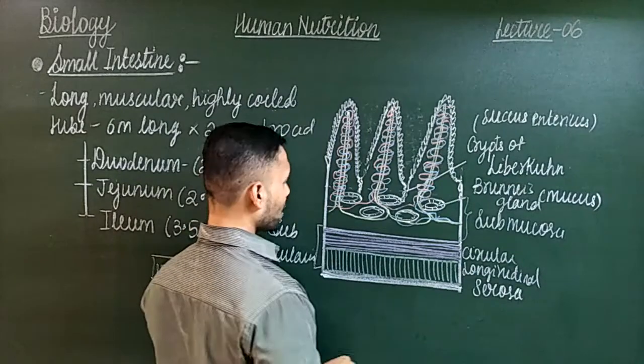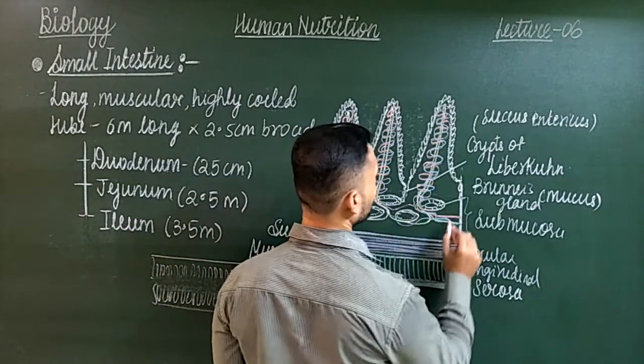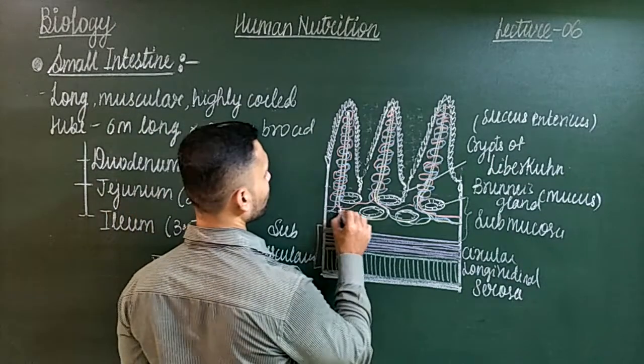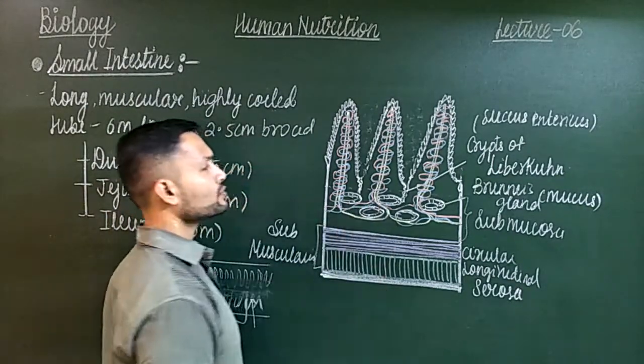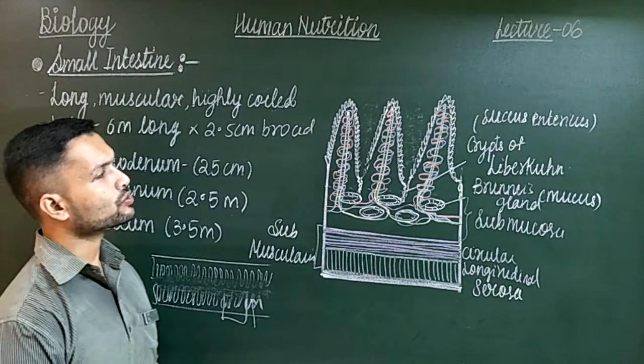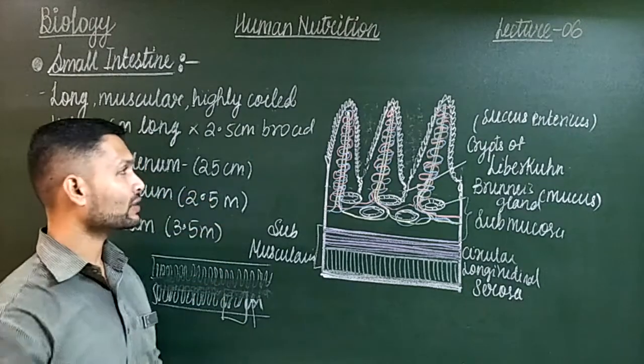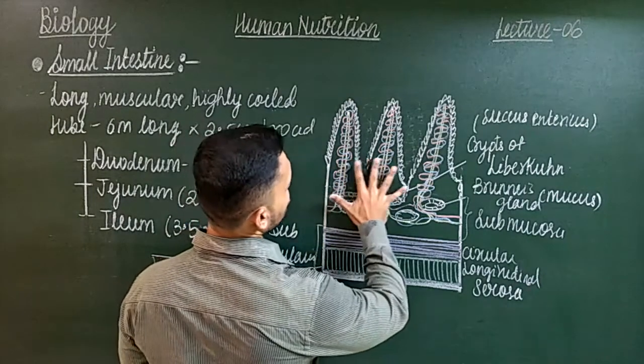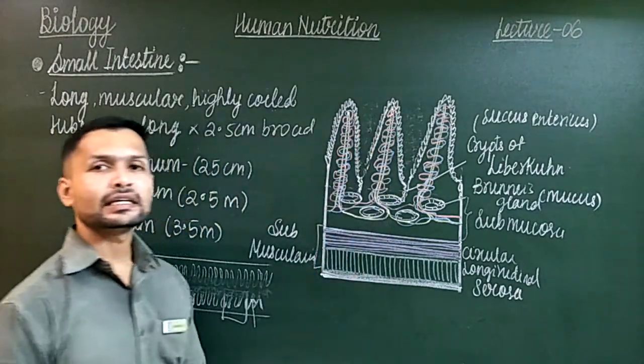So in this way, arteries and vein supply you will find in the intestine, and that comes from the mucosa layer. So these are villi. We call them microvilli sometimes, or villi simply. These are finger-like projections which we can find inside the intestines.